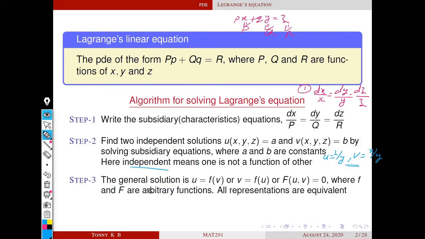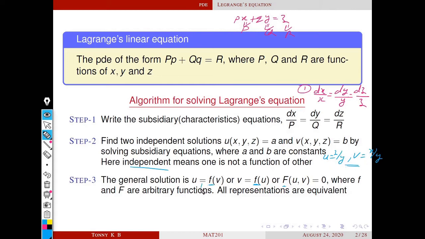Step 3. Write the general solution as either u equal to f of v, or v equal to f of u, or f of u, v equal to 0. Here all these functions f are arbitrary. You can choose any function. So for this example, here u is equal to z by y and v is equal to x by y.